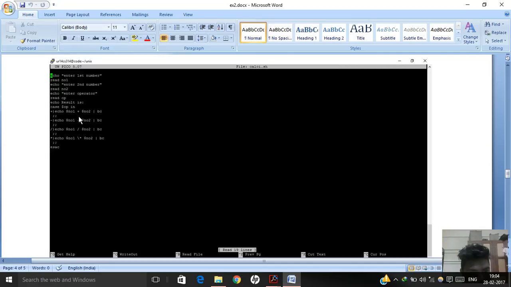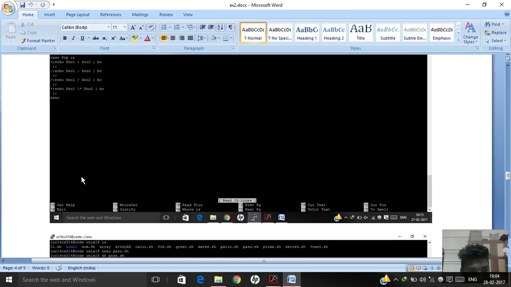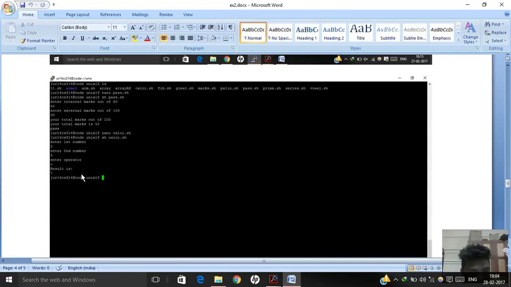It will add, subtract, divide or multiply the numbers. Then for ending, esac. Now we can go for the output. As you can see, I've given number 1 as 3, number 2 as 4, then entered the operator as plus, and it will give the calculated answer, which is 7.